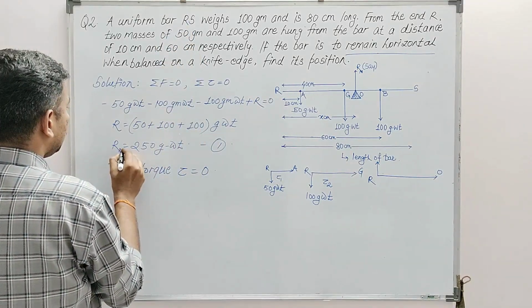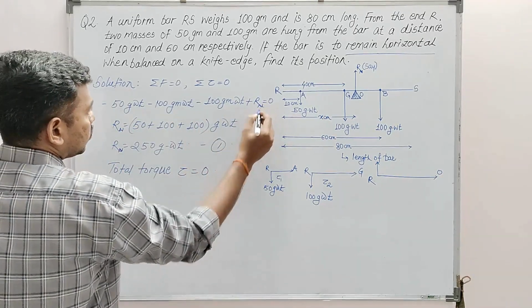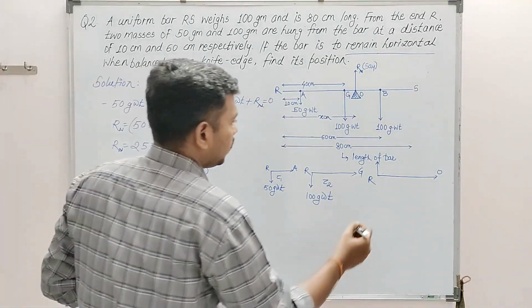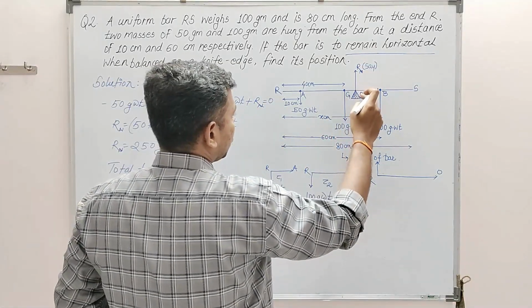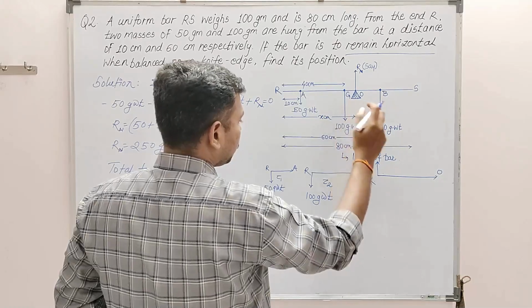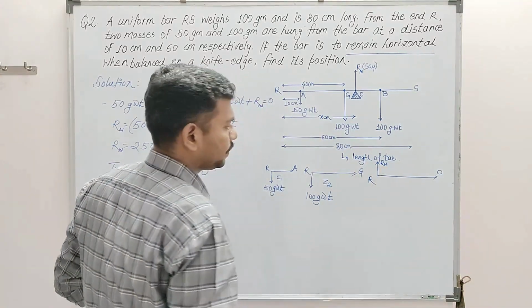So the normal reaction is now Rn. Now this R is this R, and Rn is the normal reaction provided by the fulcrum. So we will call it Rn.